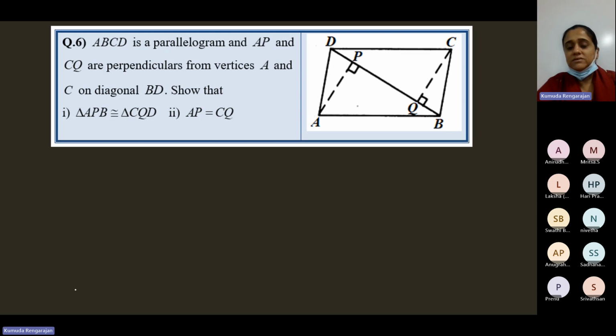Tell me, it is a simple one. ABCD is a parallelogram. Tell me, children. Next.